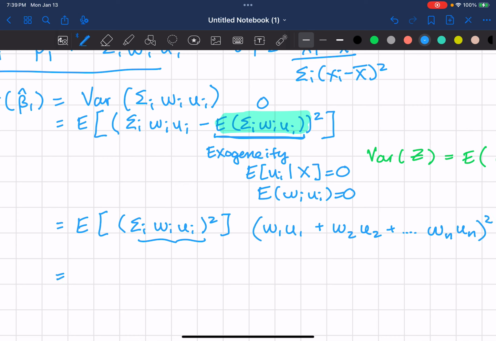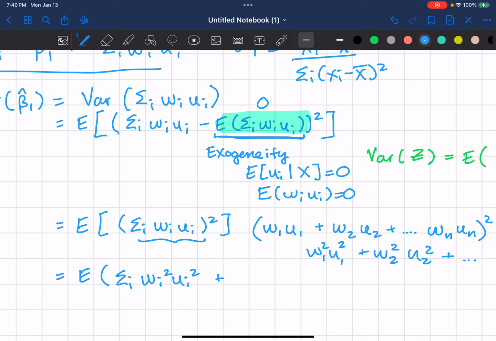So this comes out to be the expectation of sum over i of wi squared ui squared plus, let's see, just like we would have w1 squared u1 squared plus w2 squared u2 squared.